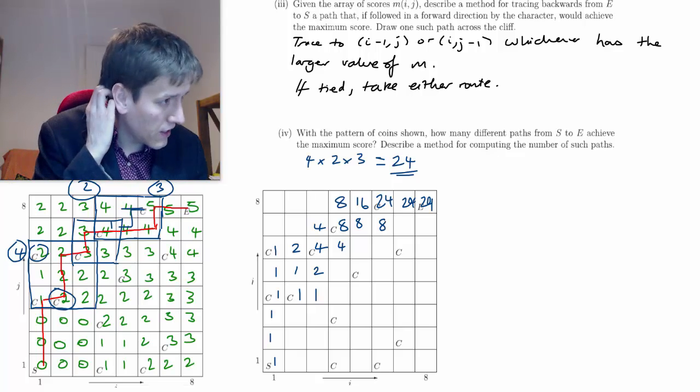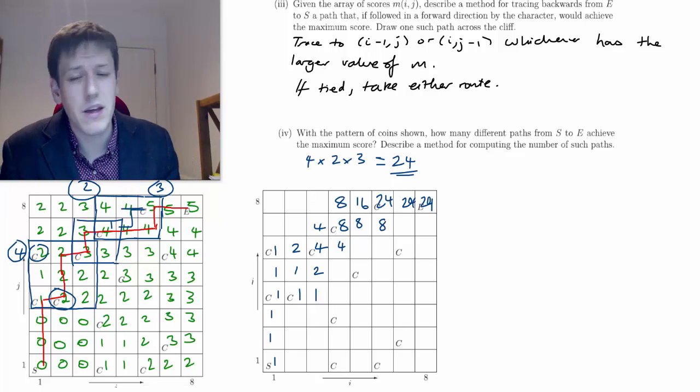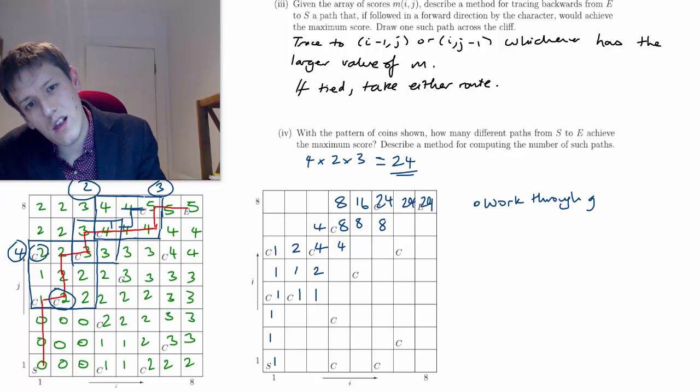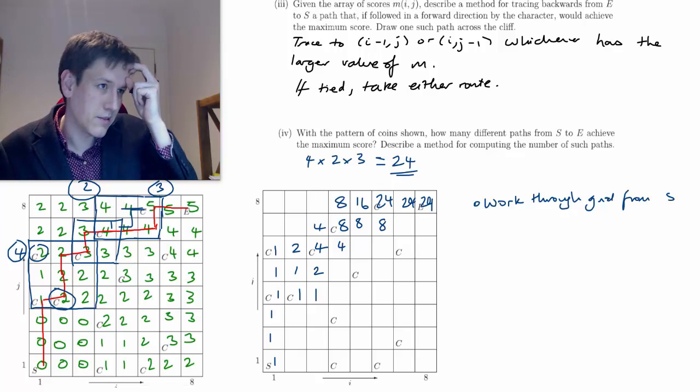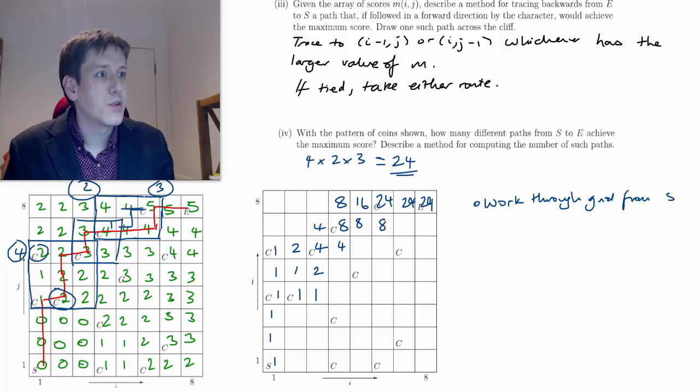So I think this describes a more general method where we describe something like working through the grid from S, and we just describe this process.